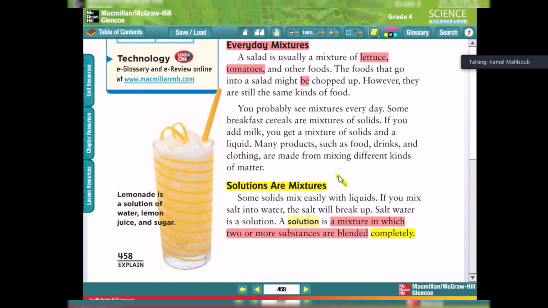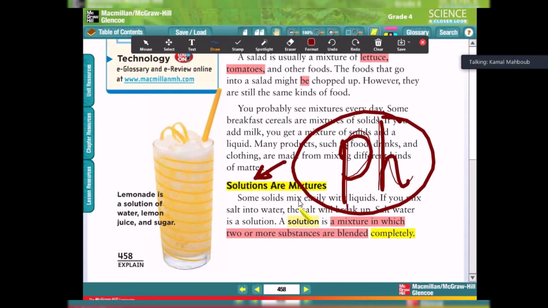Okay, now let me ask you questions, guys. Now, solution, is that a physical change or chemical change? Someone asked you that. How is it a physical change? Do we have a new substance, salty water? Of course, no. This salt just dissolves in water. And you can taste it. You can taste it, but you can't see it because it's very small.